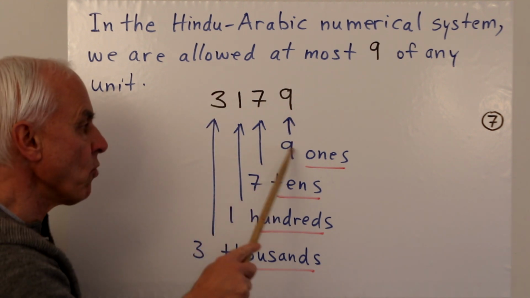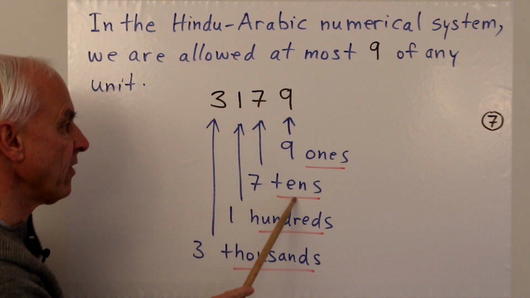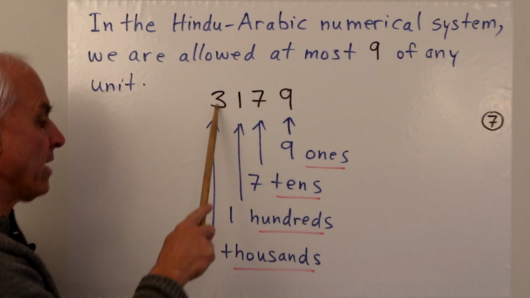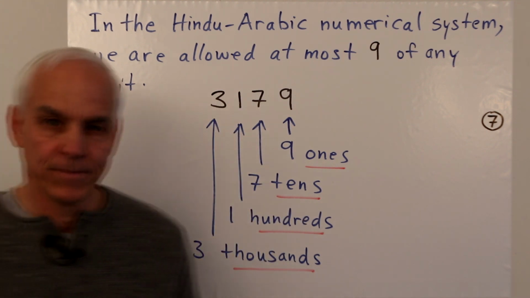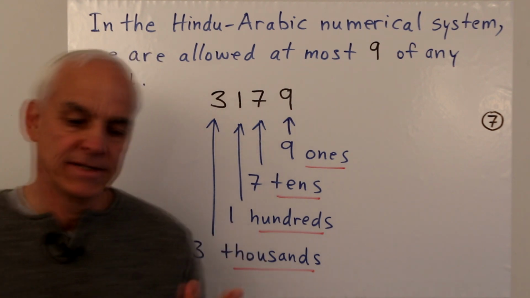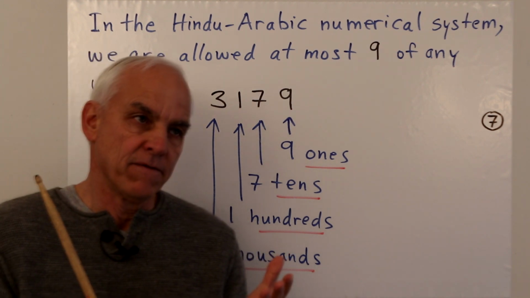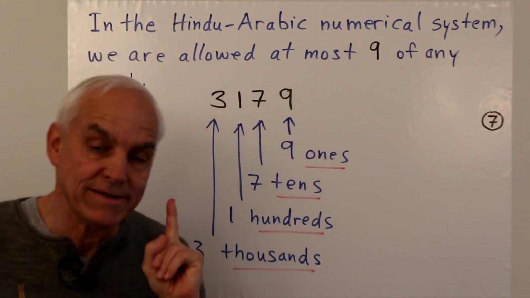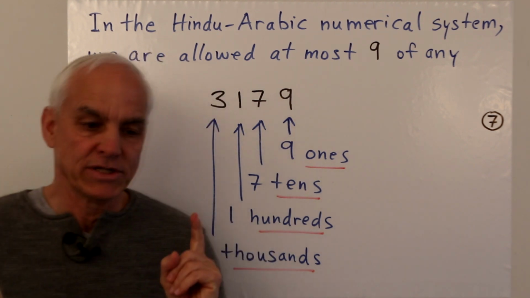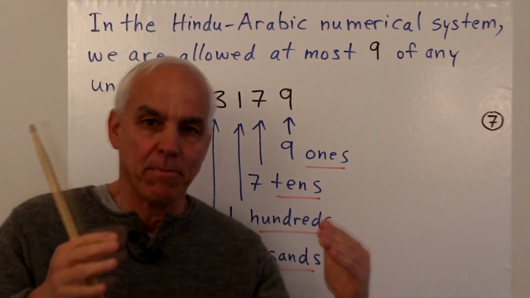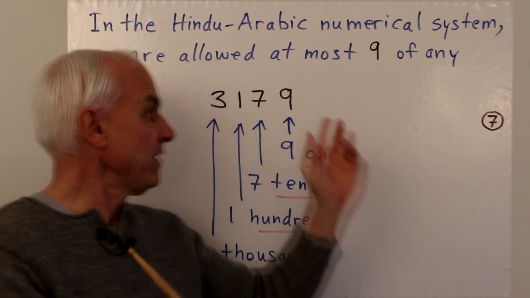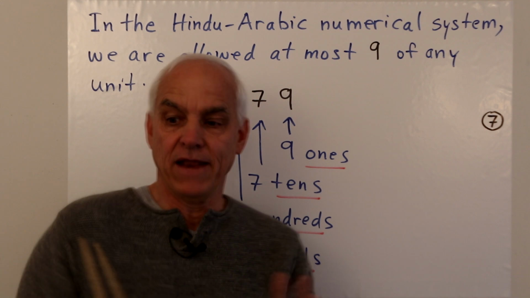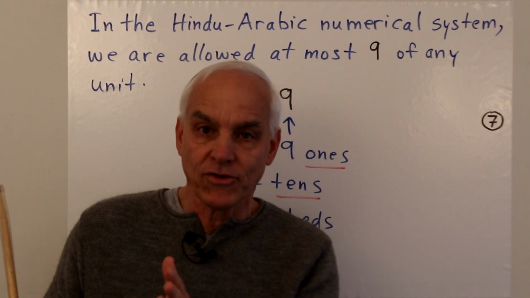So here we have 9 ones and 7 tens and 100 and 3 thousands. That's the system, and that's a very powerful aspect of the Hindu-Arabic number system, but it does mean that there's a gap between the correspondence of these kind of Hindu-Arabic numbers and the amount of money in our wallets.